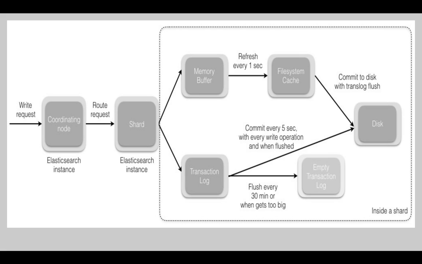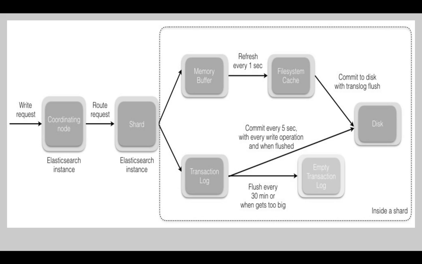From the memory buffer to the file system cache, we have a refresh time of 1 second. Every second, the memory buffer data is copied to the file system cache. Then it's committed with a translog flush into our hard disk. Commit of the transaction log happens every 5 seconds, with every write operation and when flushed.